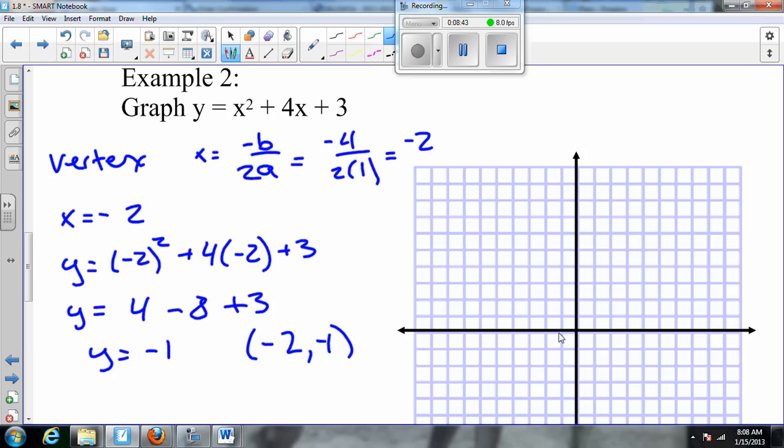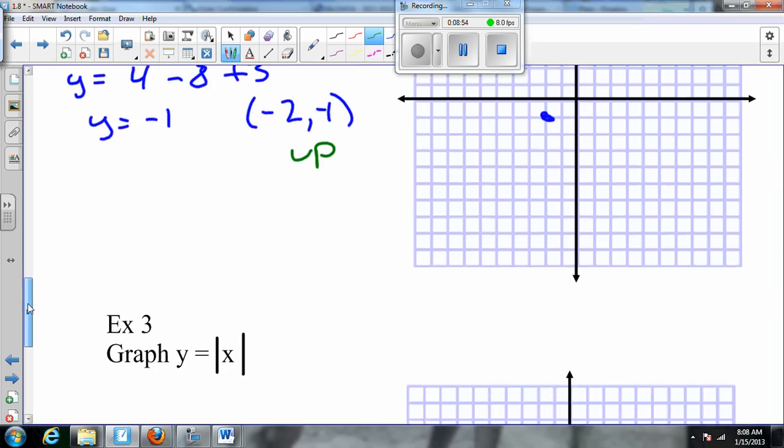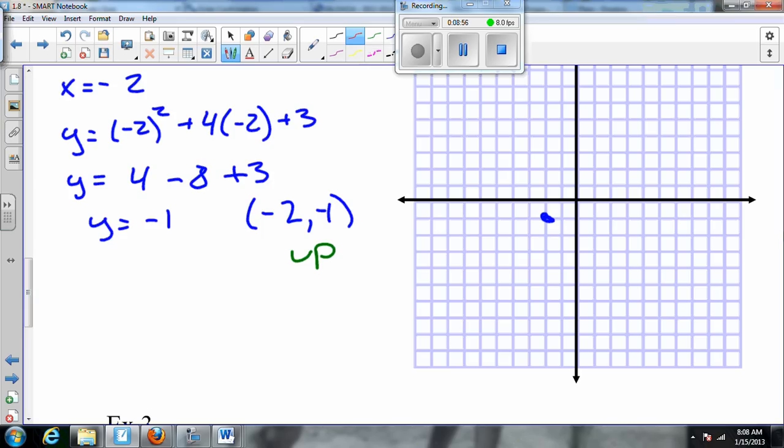So let's start by plotting that, negative 2, negative 1. We know because a is 1, it's positive, we're going to be going up. And then the trick I use is 1a over 1 and 3a over 1. And we kind of treat it like slope.